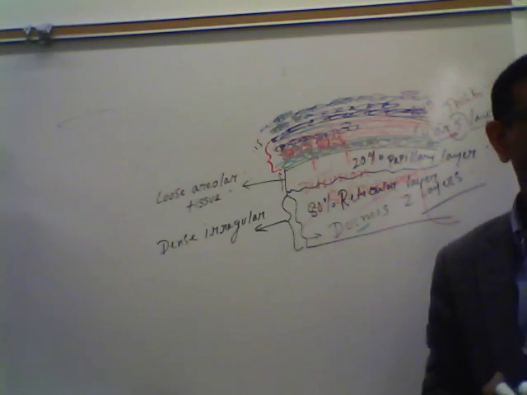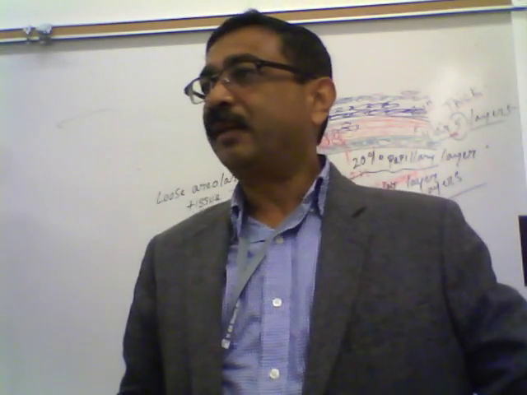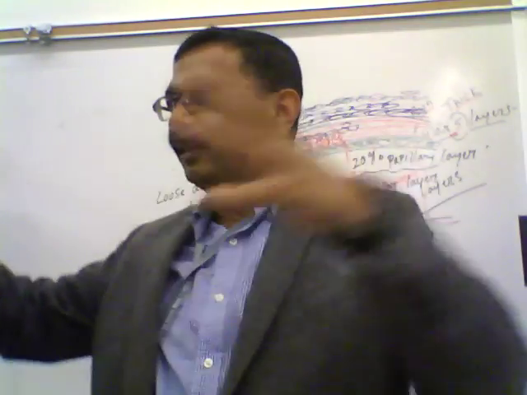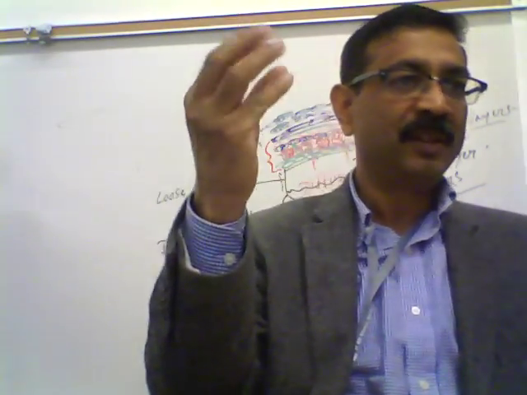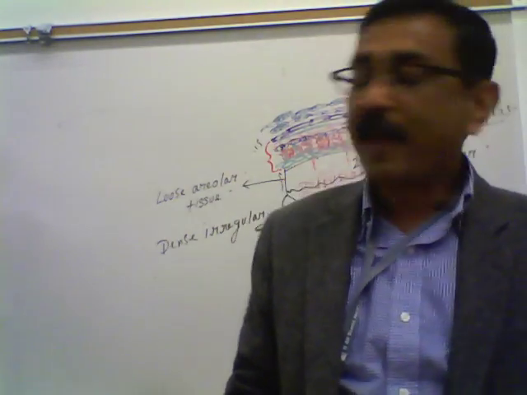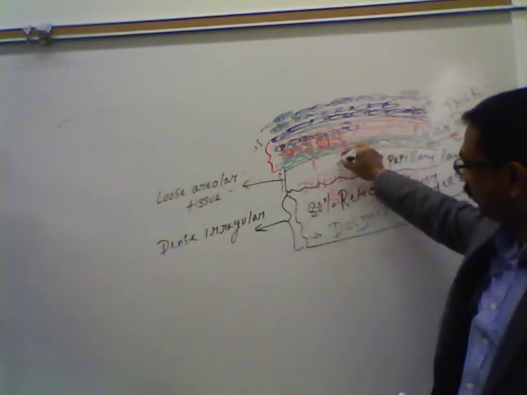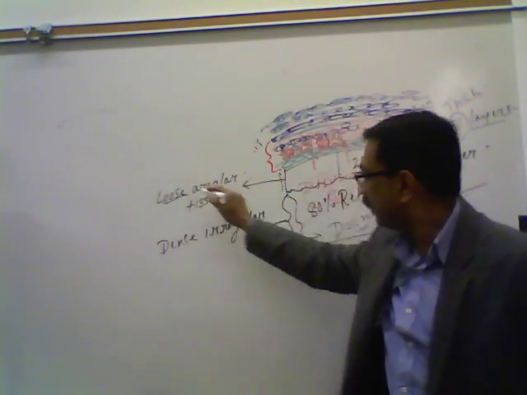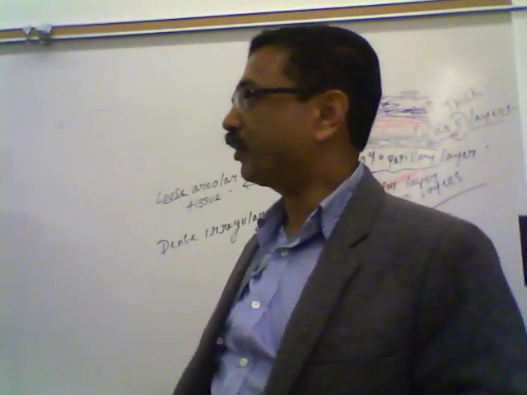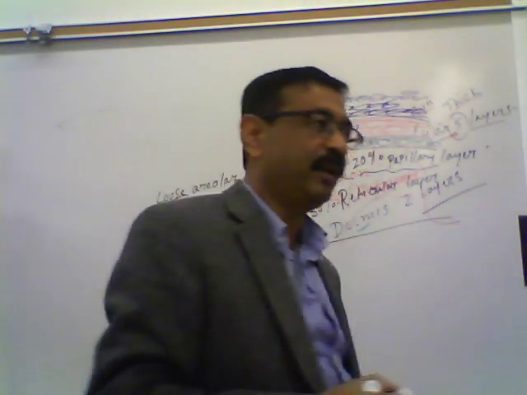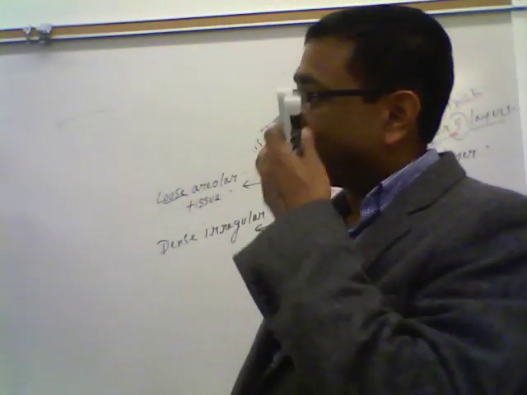Dense means what? Fibers are heavily packed, right? And loose means few fibers are present loosely. So the papillary layer is soft because it is loose areolar. The reticular layer is very hard and strong because it is dense irregular connective tissue.